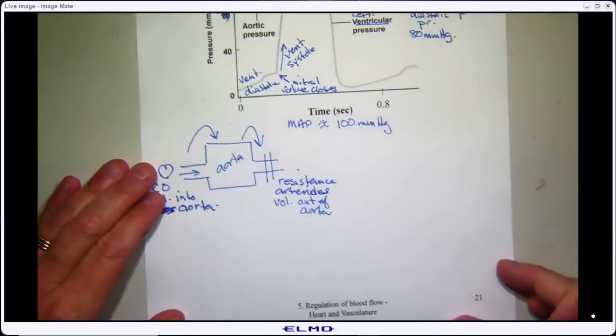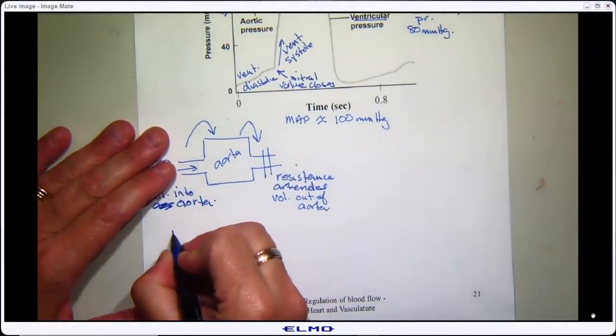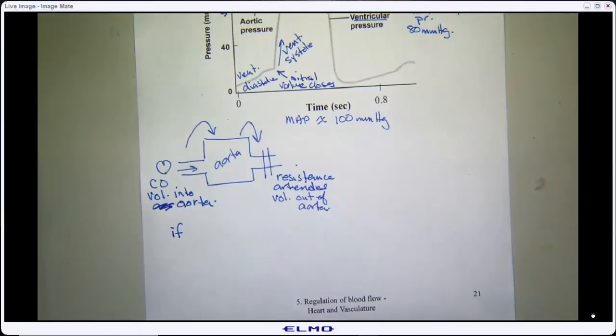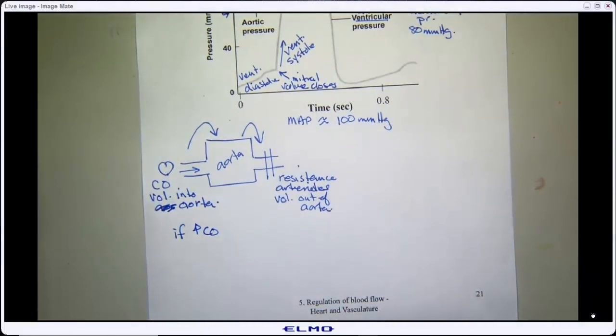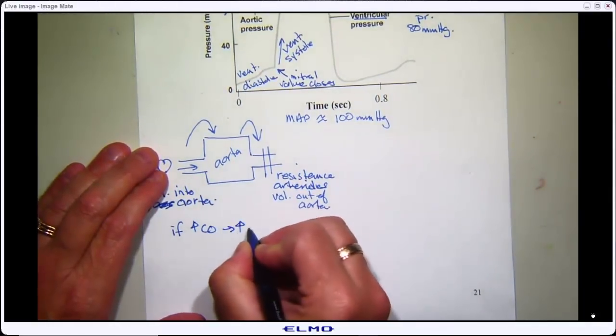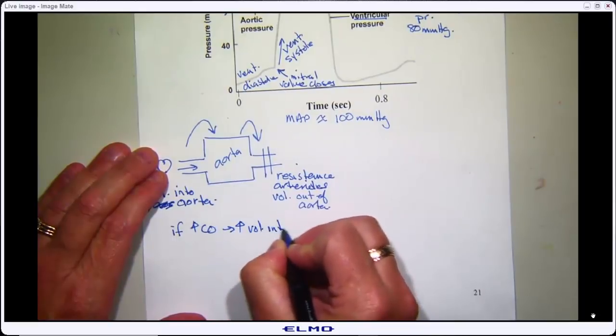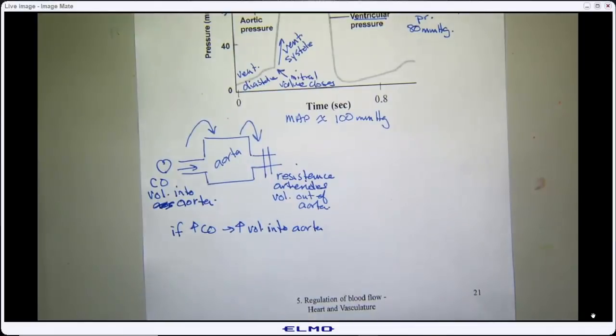So let's just write down an example of that so we've got it down. So for instance, if I were to increase cardiac output, so let's say I did some maneuver with the heart to increase cardiac output, right? So that represents an increase in volume into the aorta. And I didn't change the resistance arterioles.